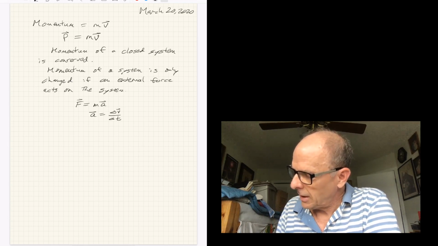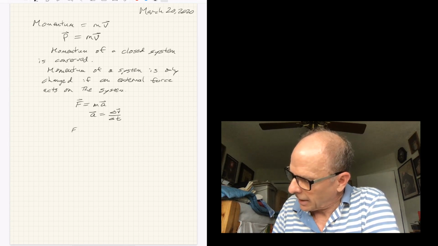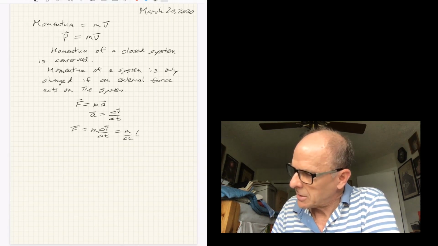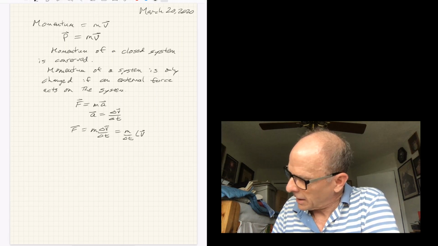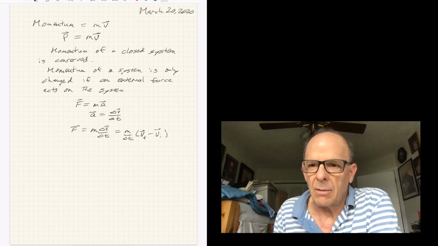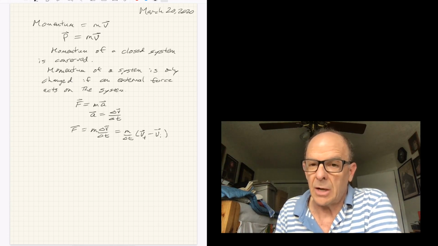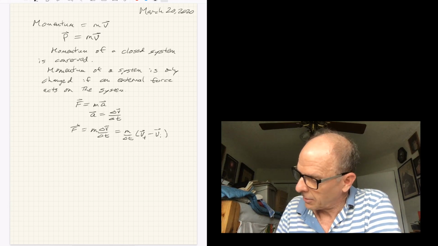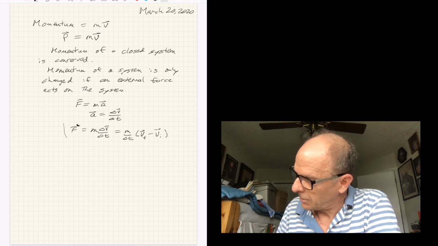And so that says that the force is equal to mass times delta v over delta t, which is mass over delta t times v final minus v initial, because remember that the Greek letter delta means a change in a quantity. So here we've just rewritten Newton's second law.